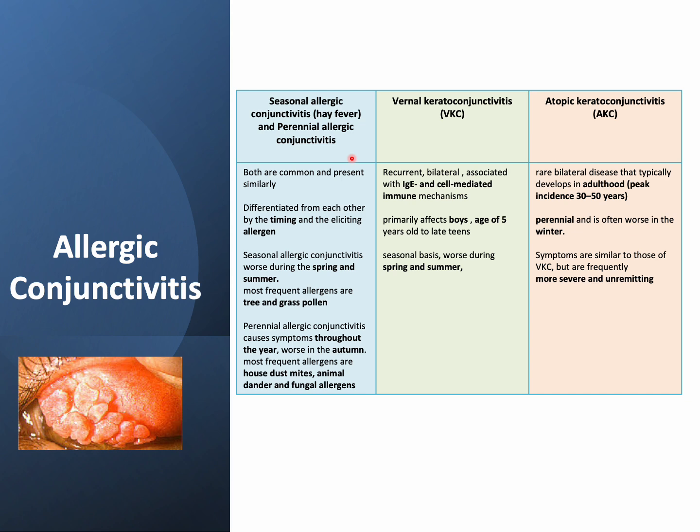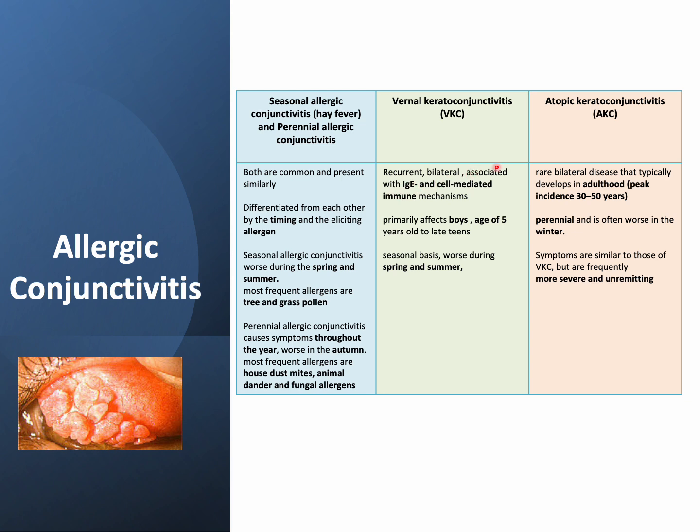Seasonal, from its name, comes in specific seasons, usually spring and summer, and it's usually elicited by tree and grass allergens, which are common in the spring. Perennial, from its name, is throughout the year. However, it can worsen in the autumn season, and the allergens are dust, mites, and fungal allergens.